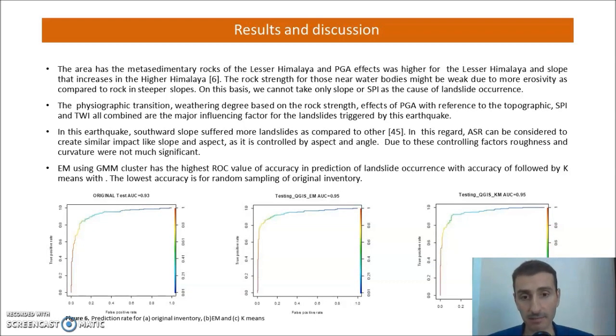Actually, on the stability of the models, the EM was more stable than the K-means, even in terms of finding the uncertainty, also testing the PIC for the clusters themselves. So in this case we propose to use the expectation maximization.